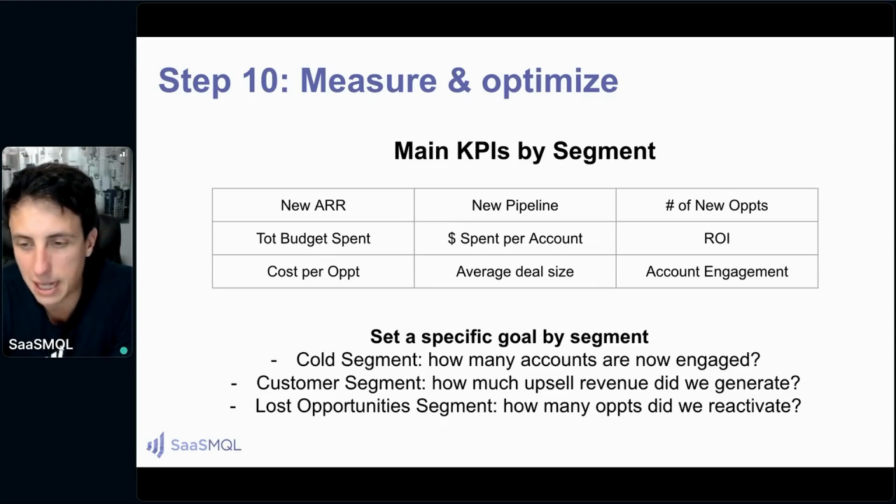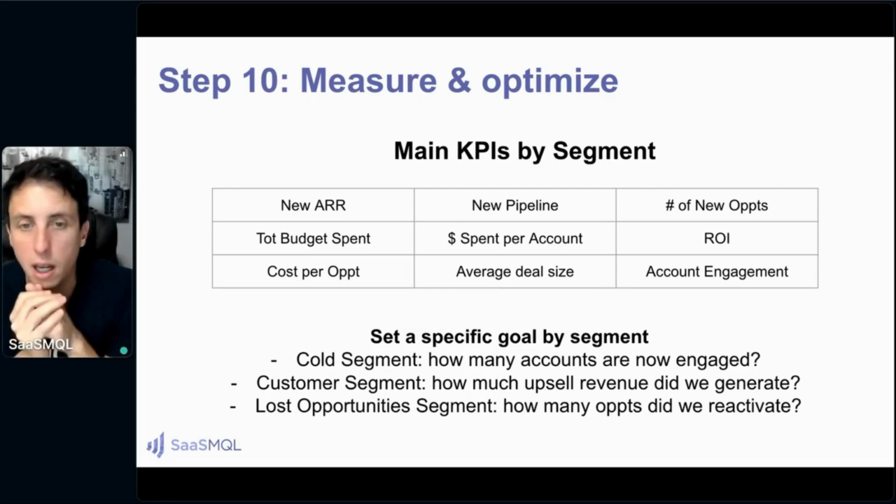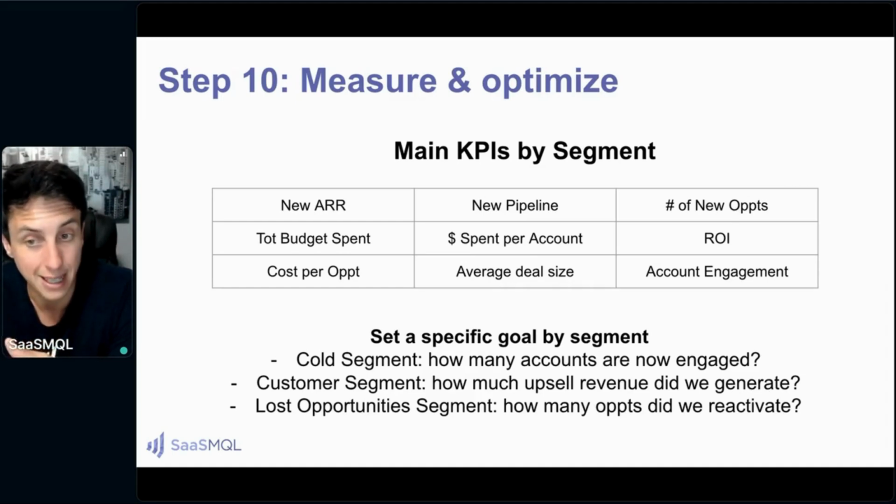For the lost opportunity segment, how many opportunities we were able to reactivate from, say, 500 lost opportunities in 2 quarters. All of this allows you to look at what is working, what is not working, what your ROI is, and that's where you can start scaling, especially on what is working, putting more budget, adding more accounts, and putting more resources into driving more and more results.